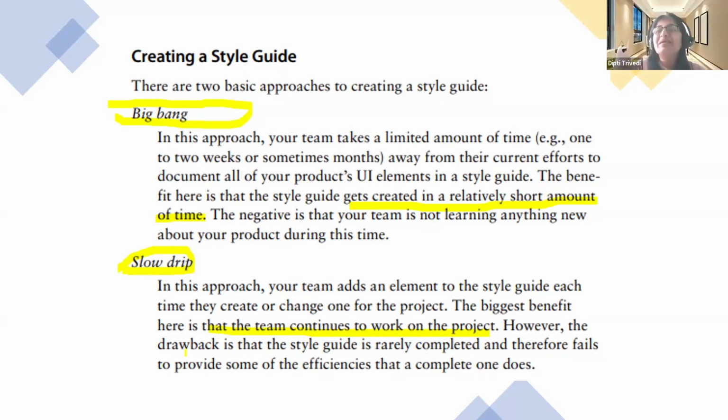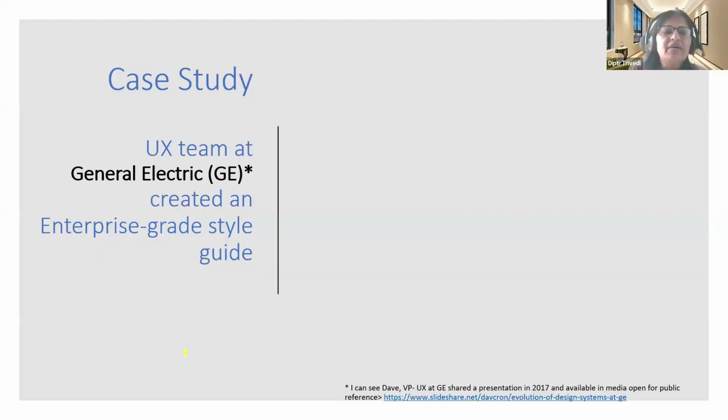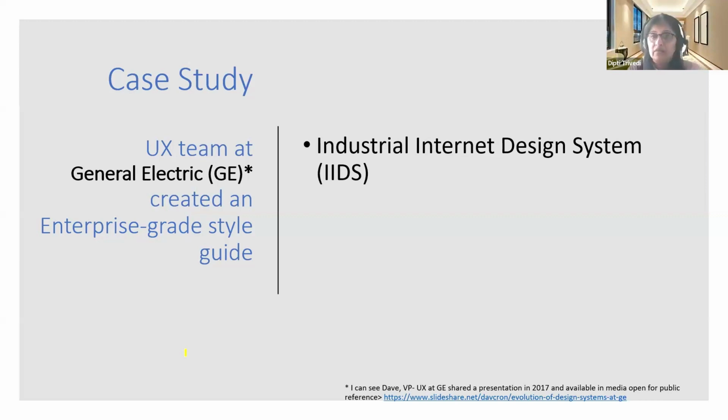Making the customer eager to know the full, holistic picture and getting hold of the customer. One example the author gives in this concept is a case study about General Electric. The enterprise-grade style guide was announced in 2012.